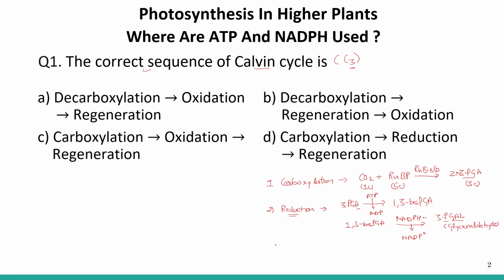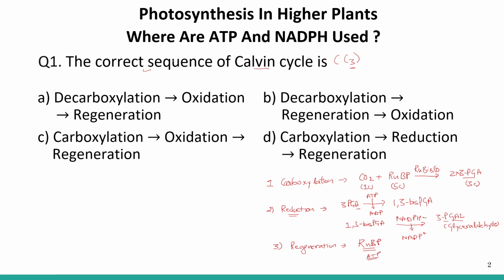Now, the last phase is known as the regeneration phase. During regeneration, what happens? There is regeneration of RuBP, and this ensures the continuation of the Kelvin cycle. Again, ATP is used here for the regeneration of RuBP.